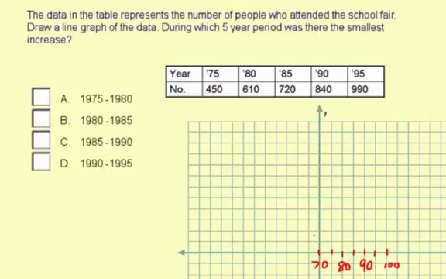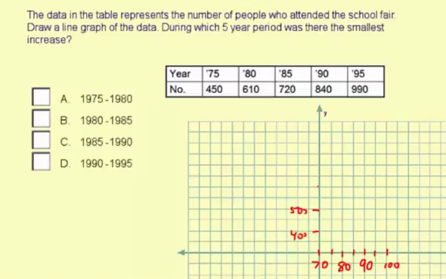Now for the number of students, we could go by hundreds. We could say 100, 200, 300, 400, 500, 600. That won't fit on the scale. So I'm going to start the scale here. Let's say right here will be 400, and then right here, 500.